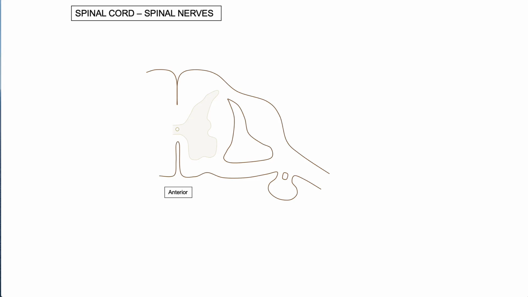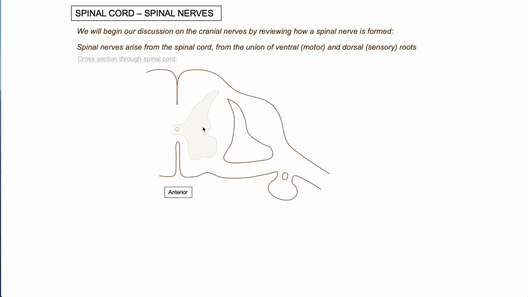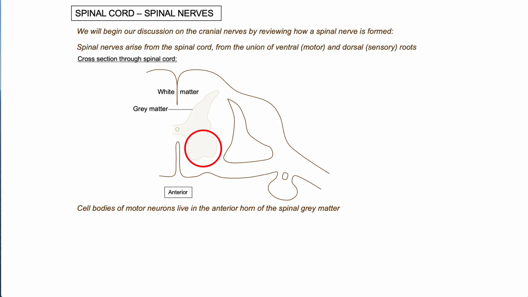So let's look at how a spinal nerve is formed. We are looking at a section of the spinal cord. Inside, this is the gray matter and this is the white matter. In this gray matter, you can see that there's a broad end and a narrow end. These have names, so let's label it. Now, anteriorly, look at it.